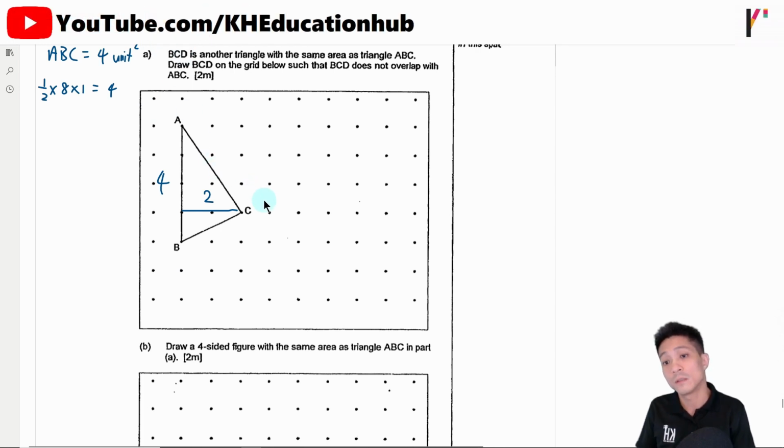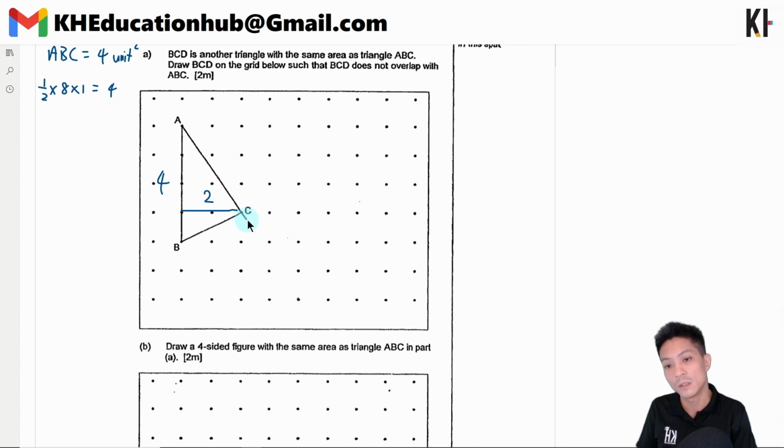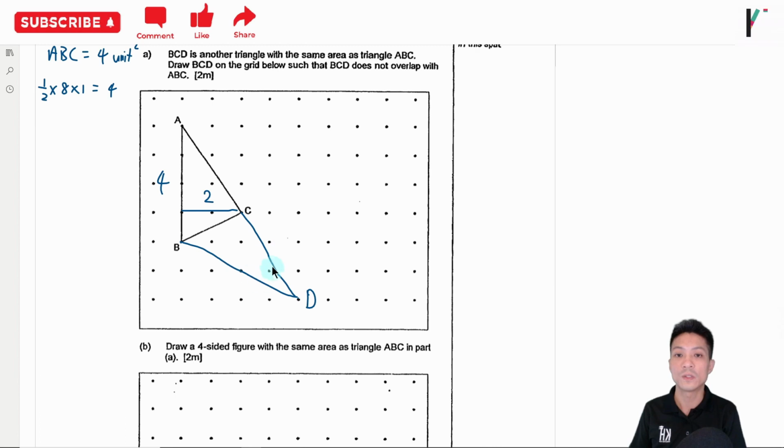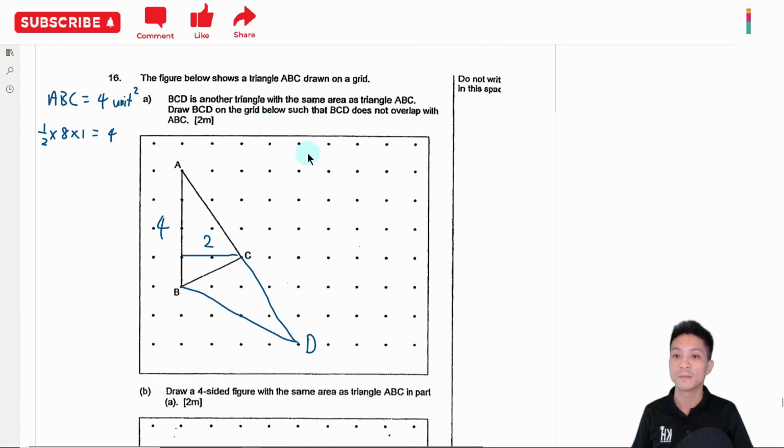Okay, let me try again. 3, 1, 2, 3, and 2. So I need to join from here to here. And I need to join from here to here. And this is the point D. Okay, so sorry, this should be the answer. I'm not supposed to draw a different one. I'm supposed to make use of the BC over here.